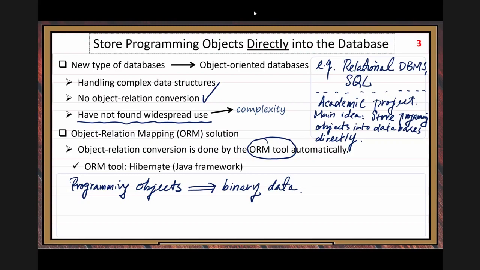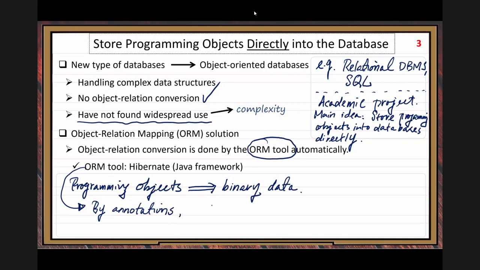In Java, this kind of mapping is right now very, very popular. And you will see the current way to do ORM mapping is by annotations.